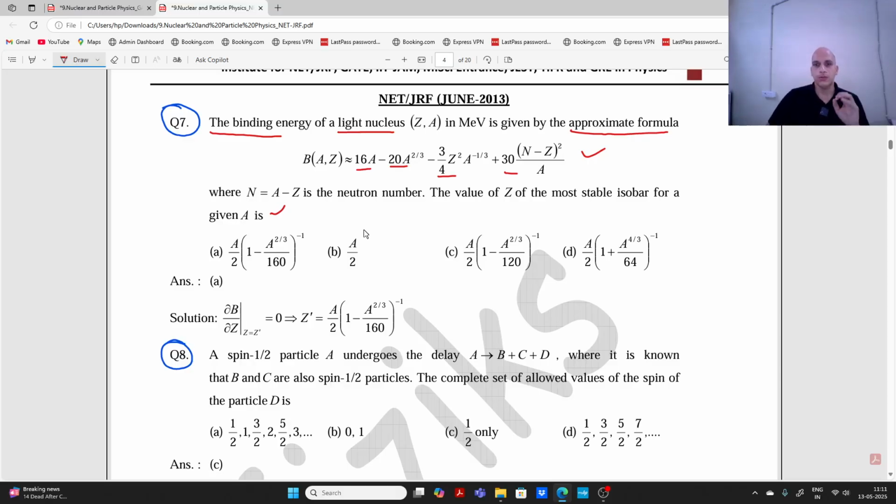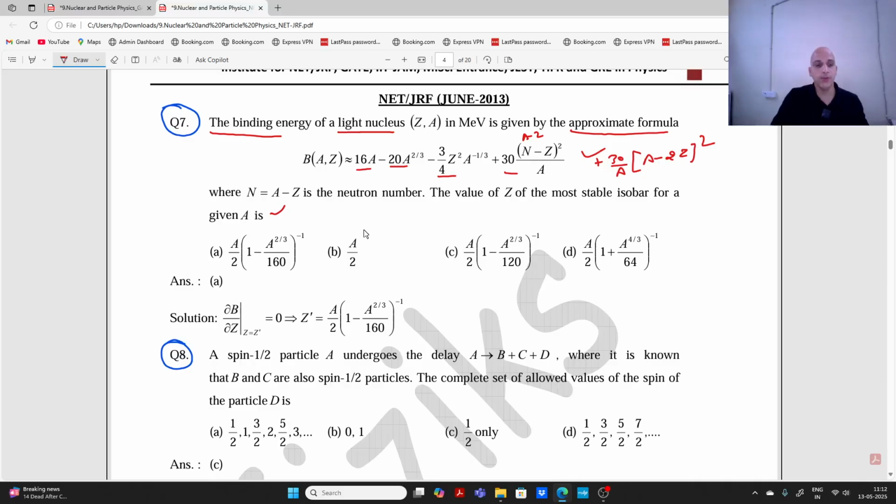So the first and foremost thing is we have to put here N is equal to A minus Z, so it will become plus 30 divided by A into (A minus 2Z) whole square. Now we know very well the formula for the most stable isobar and how we have to calculate it.